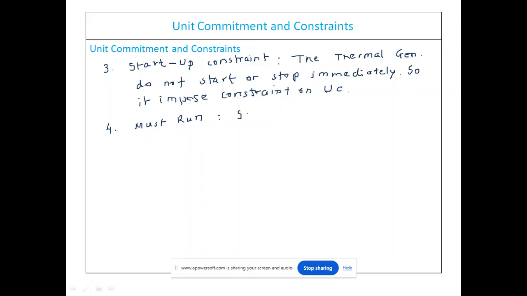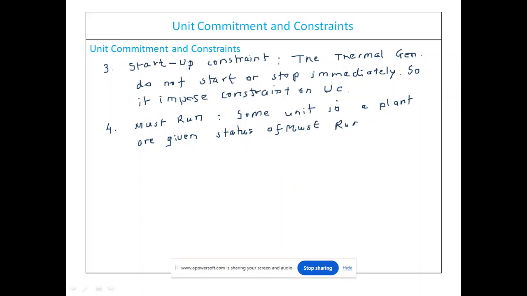Some units in the plant are given the status of must run, which means they should be on.